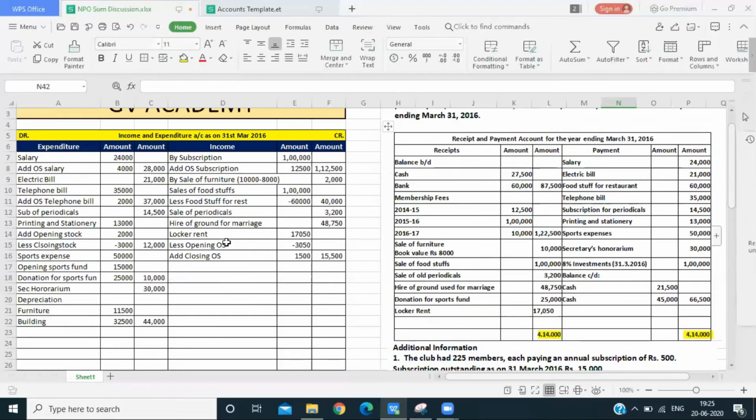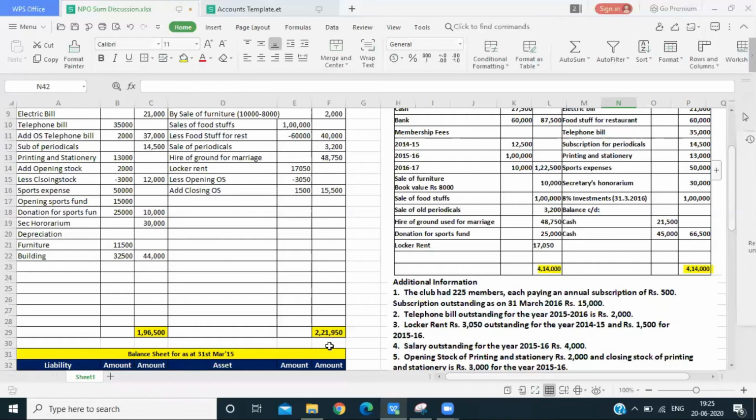So in credit side, we have a total of 2,21,950, whereas in debit, we have a total only amounting to 1,96,500. So the credit side total, the income side total is more than the expenditure side total. So we have a surplus.